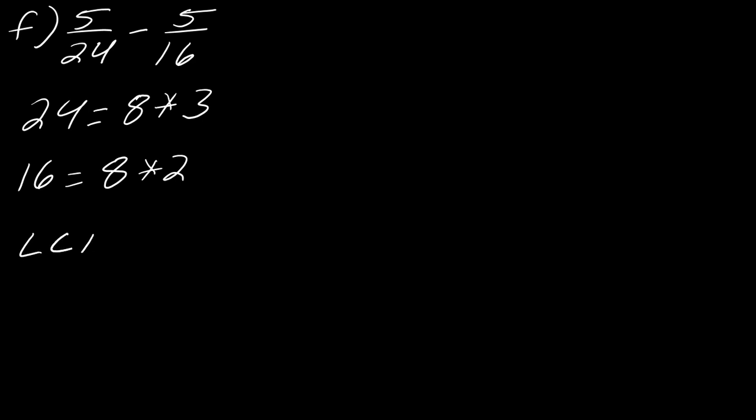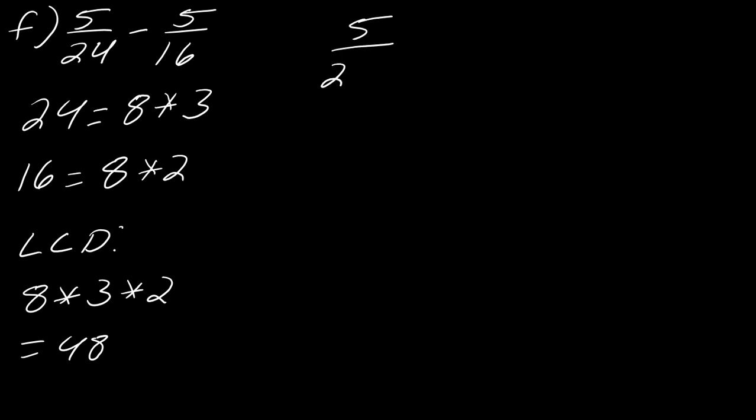So my LCD then will be 8 times 3 times 2, so that is 48. Now let's rewrite these fractions as equivalent fractions. What do I multiply 24 by to get 48? That would be 2. Whatever I do to the bottom, I do to the top, so this fraction becomes 10 over 48.